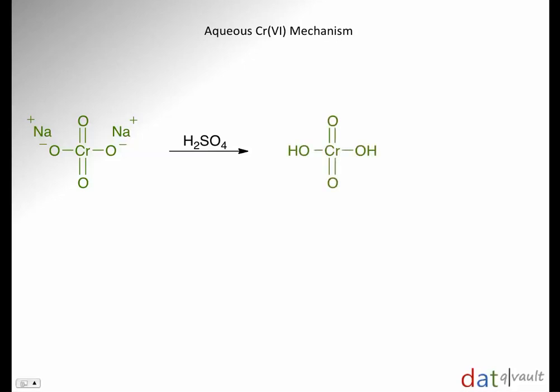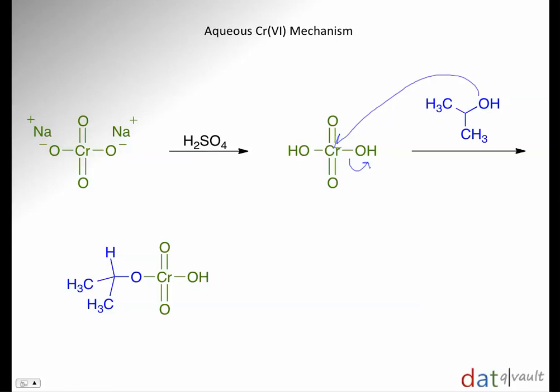First thing that's going to happen is these oxygens are going to become protonated by the strong acid, and we end up now with chromic acid. What this chromic acid does is it will then react with our alcohol. It'll do that by exchanging the alcohol for one of these OHs on the chromic acid.